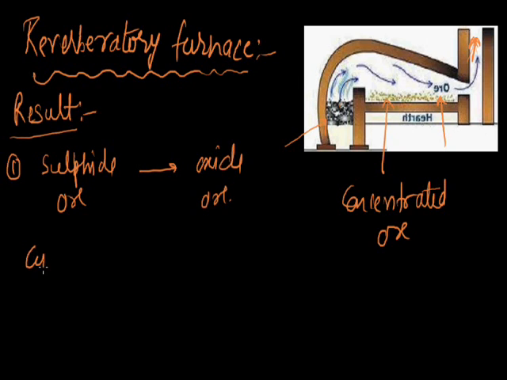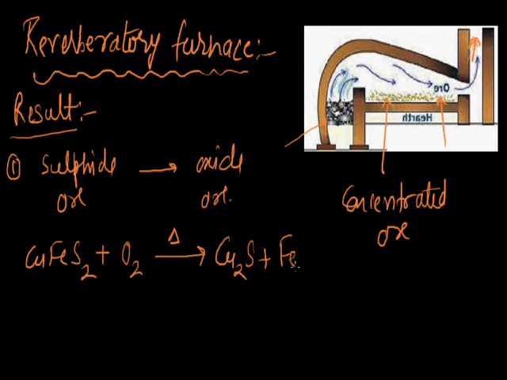We can use the following reaction: CuFeS2, that is copper pyrites, plus oxygen which is obtained from air, and now we heat this mixture and we get copper sulfide plus iron sulfide plus SO2 gas. Now we can balance it by writing 2 here and also 2 here.